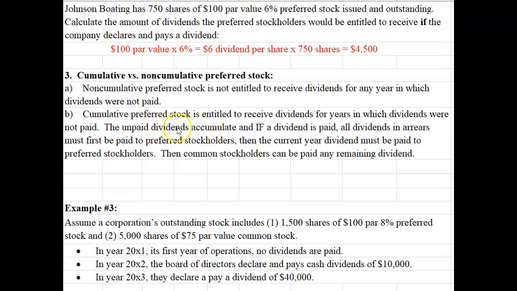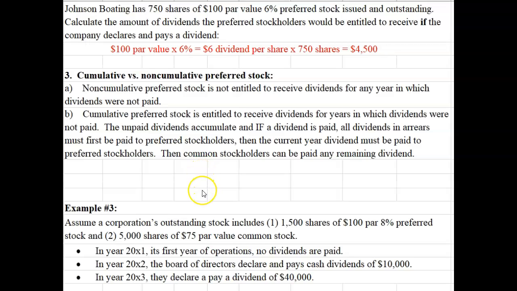If a dividend is paid, all dividends in arrears must first be paid to preferred stockholders. Then the current year committed dividend must be paid to the preferred stockholders, and then and only then will the common stockholders be paid any remaining dividend.